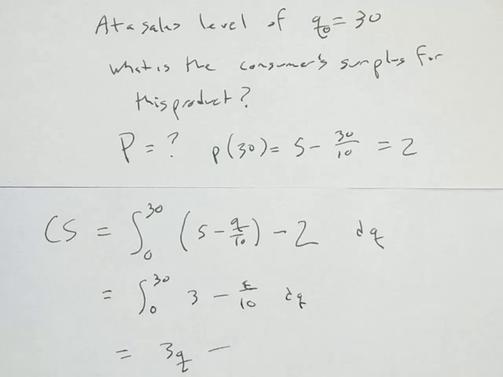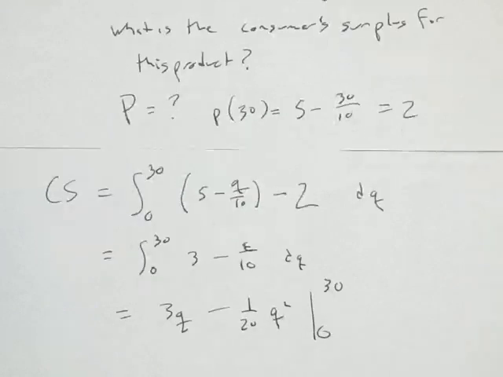So I get 3q minus q squared over 20, evaluated from 0 to 30. 30 squared is 900. So this gives me 90 minus 1/20th of 900. That's 90 minus 45, so 45, whatever it is.